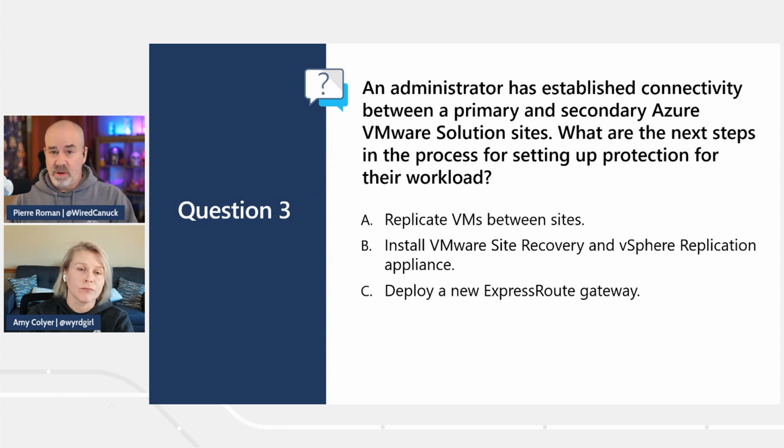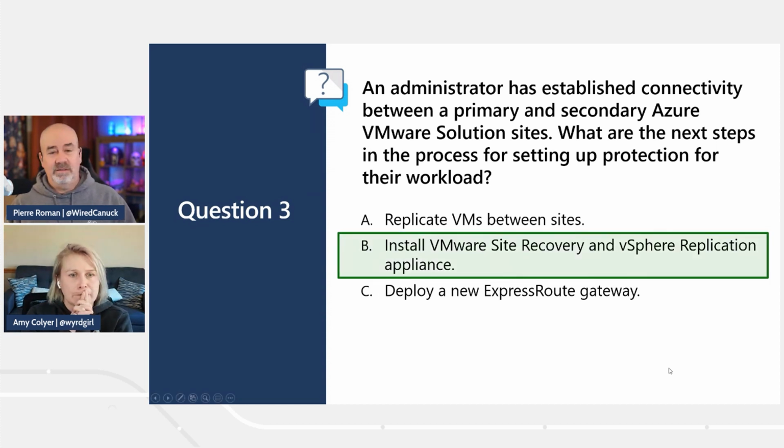Is it to replicate the VMs between those sites, or to install the VMware Site Recovery Manager vSphere replication appliance, or to deploy a new Express Route gateway? Well, they already have connectivity. And you can't replicate VMs yet unless you've installed something. Process of elimination. I would think B, install SRM. That's right. You are correct.